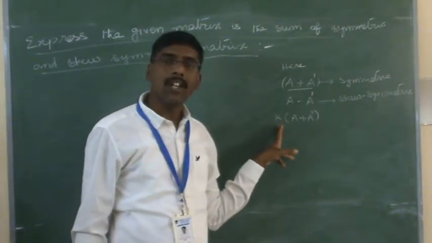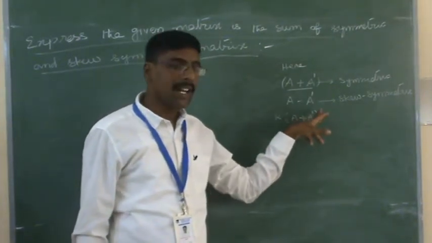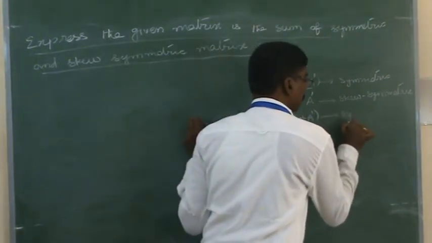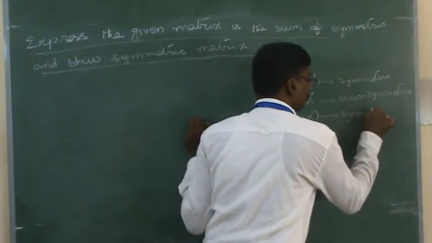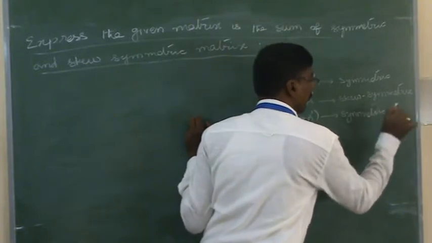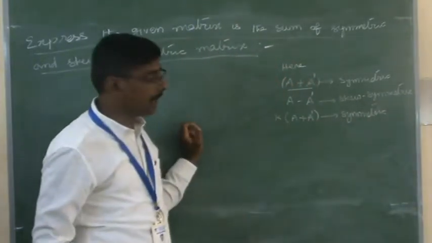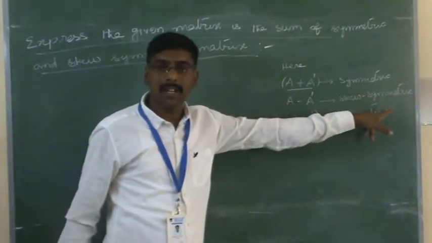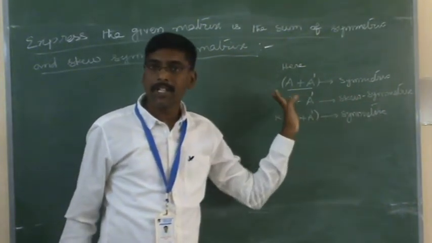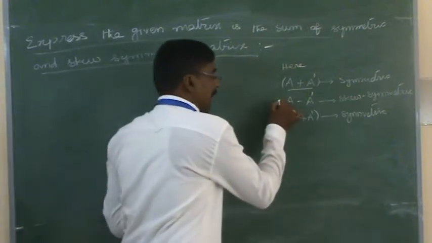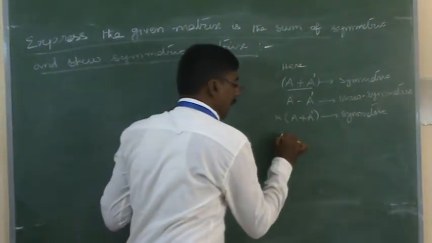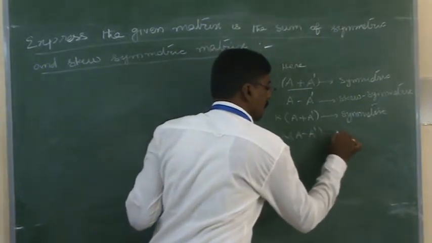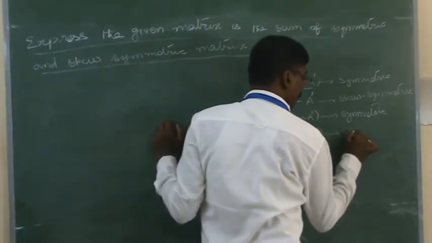Similarly, K into A minus A transpose is also a skew symmetric matrix.